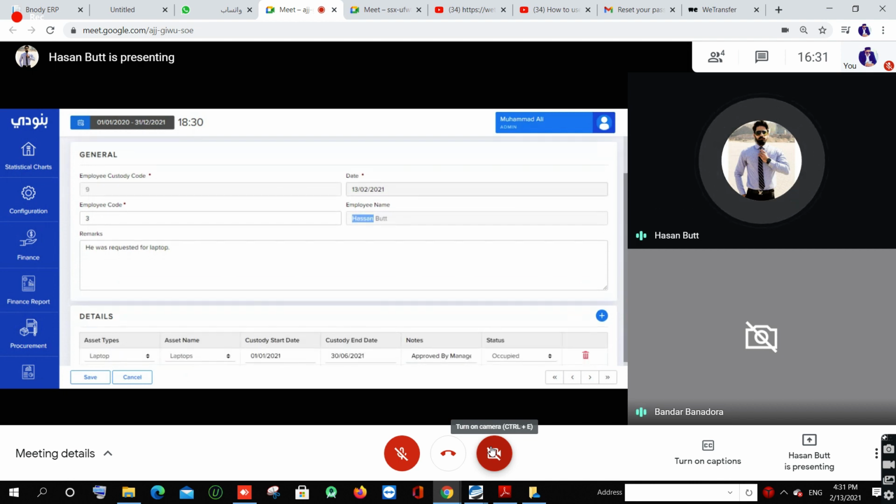Okay, brother. As you know, when we purchase laptops or systems in bulk quantity, most of them have the same barcode. Most of them have the same models. So at that time, it will be very difficult for us to categorize which employee is using which laptop.